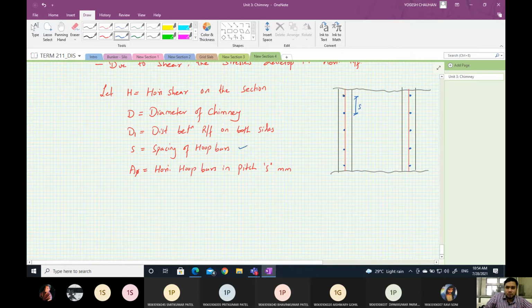These are the hook bars. Okay, and D1 is the distance between the reinforcements on both the sides. So this distance is D1, and this is the diameter of the chimney.